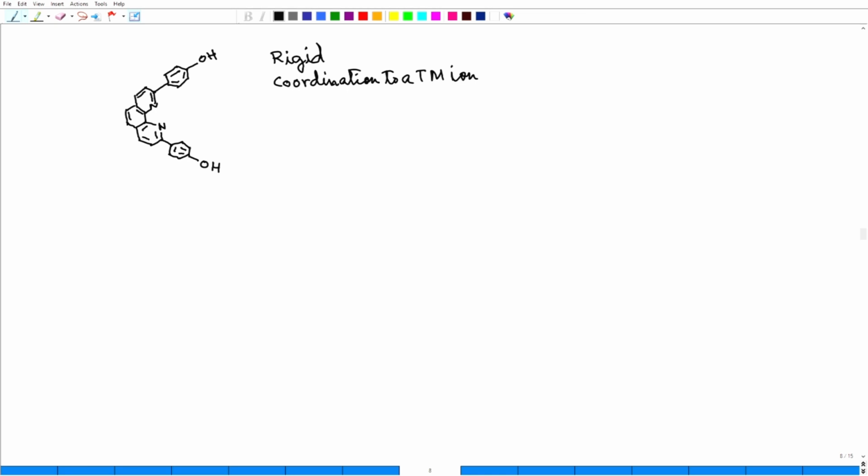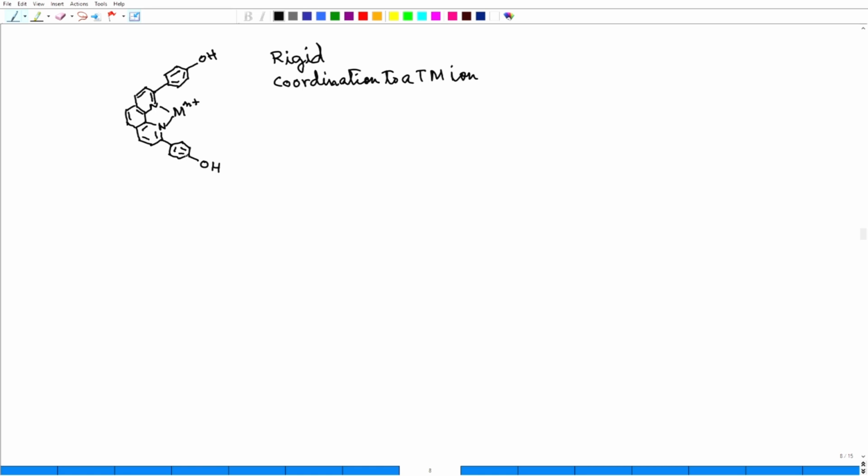However, with a transition metal ion, only 2 coordination sites will be occupied. If a metal ion is here, only 2 coordination sites are occupied. How about the other sides? To have other sides, I must have at least another of these.